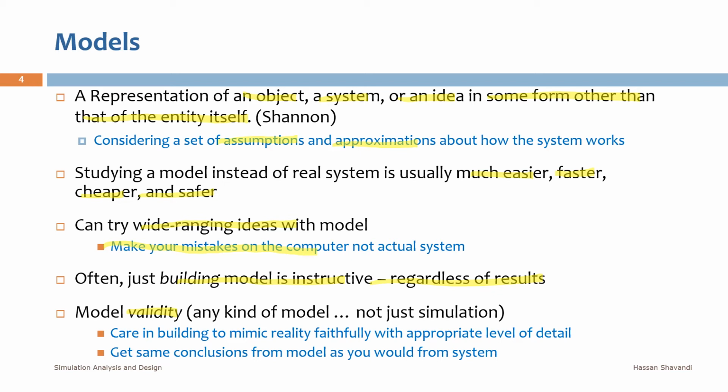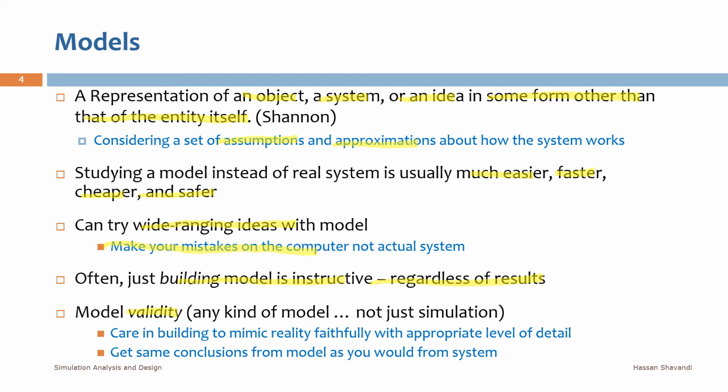So in order to be confident on the results, we need to verify and validate the model at first to make sure that it's a good representative of the real system, and then we can rely on the results and data obtained by the model.